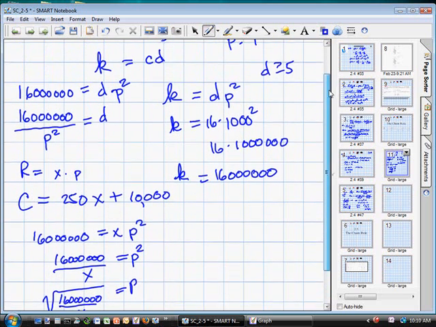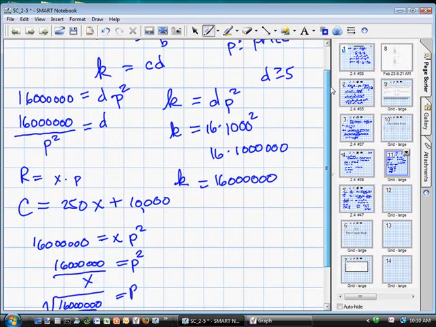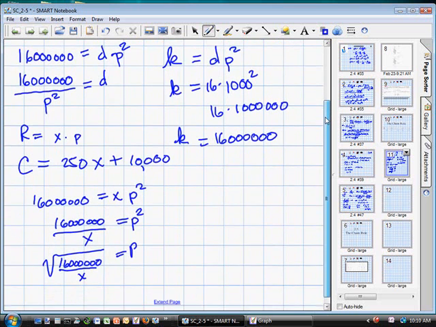The price, which is the same as the demand, isn't it? Yes. Okay, so there's P.